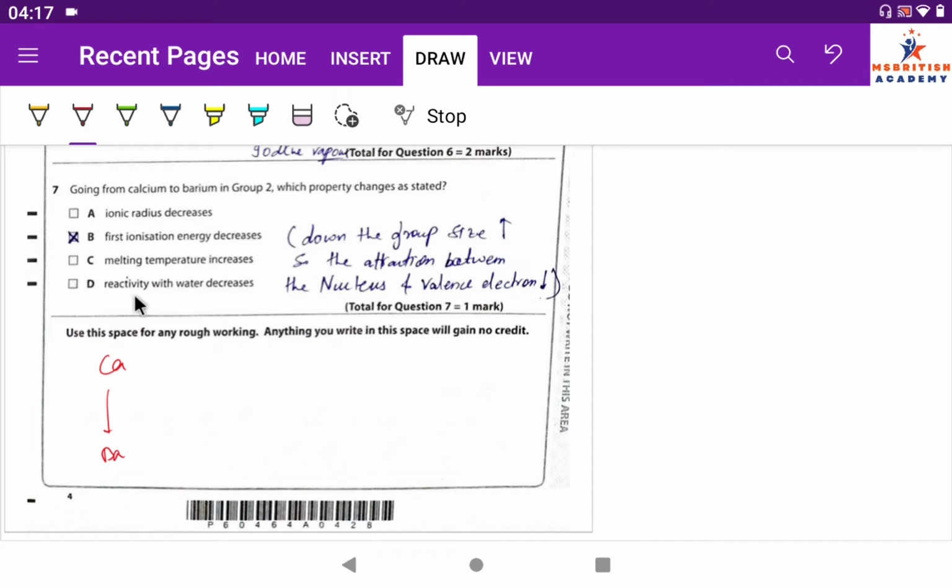Reactivity with water decreases? No, down the group reactivity increases and melting temperature decreases. But first ionization energy decreases down the group. This is right, because as the size increases, the attraction between the nucleus and the valence electron is reduced. So first ionization energy decreases down the group.